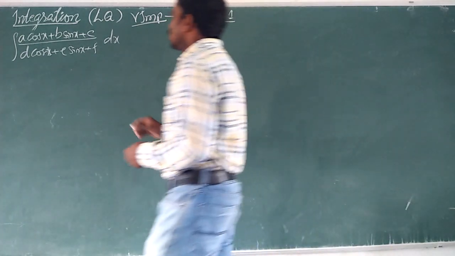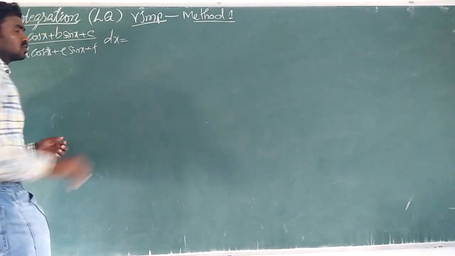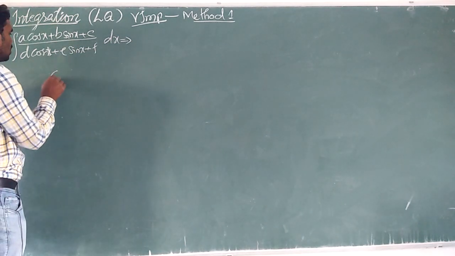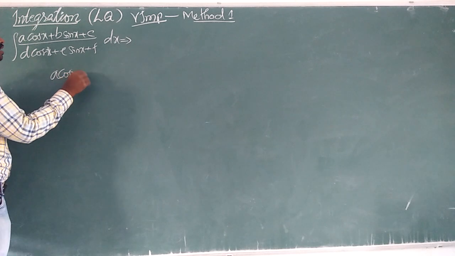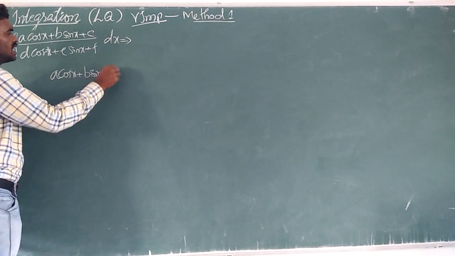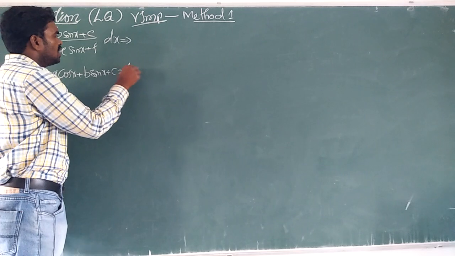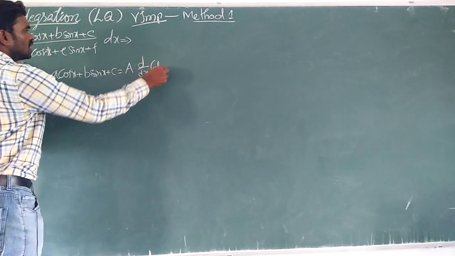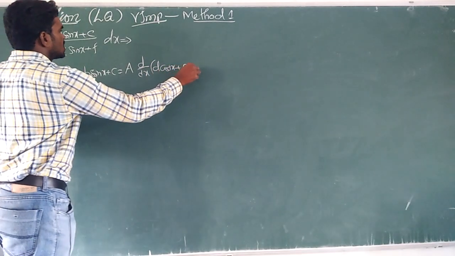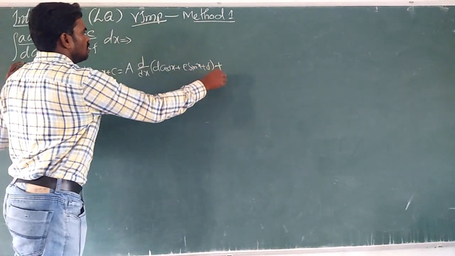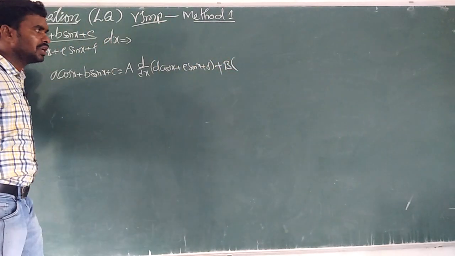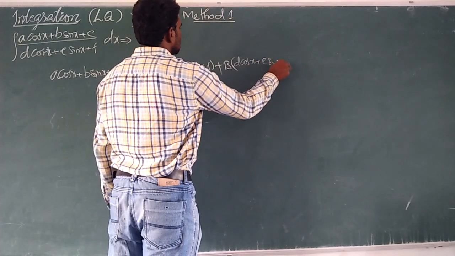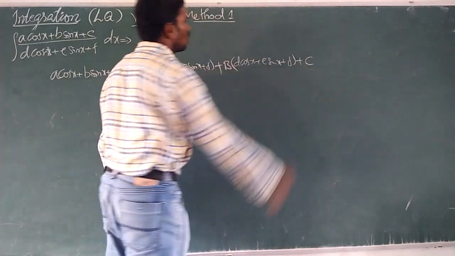Okay. So how to do this type of problem: we have to split the numerator in the form of, what is the numerator? a cos x plus b sin x plus c can be written as A into d by dx of the denominator, what is the denominator? d cos x plus e sin x plus f, and plus B into the denominator, d cos x plus e sin x plus f, and plus some constant.